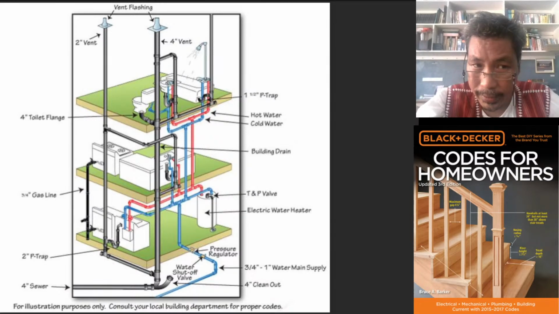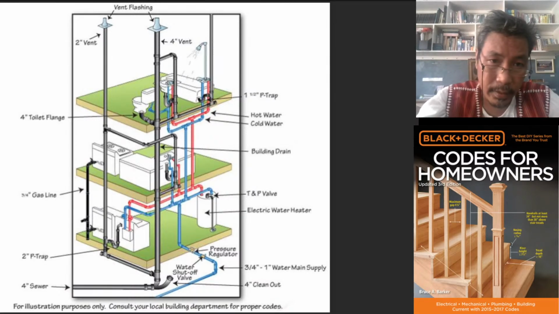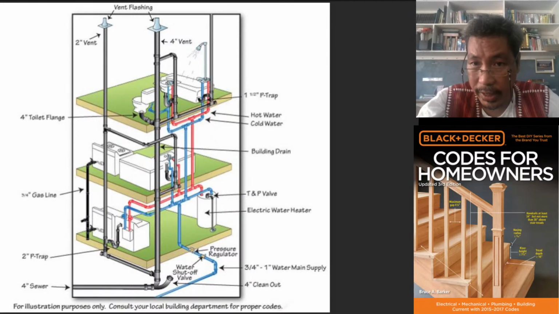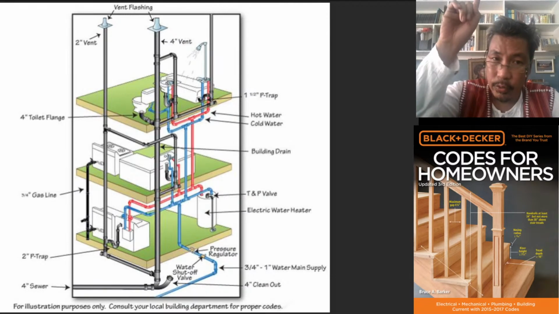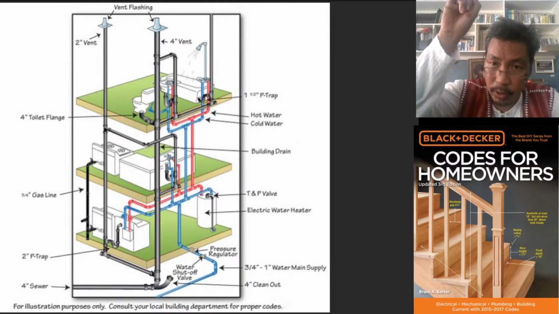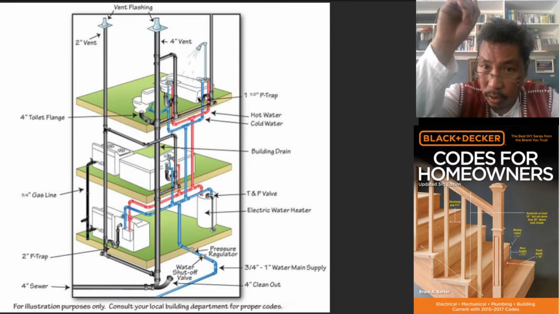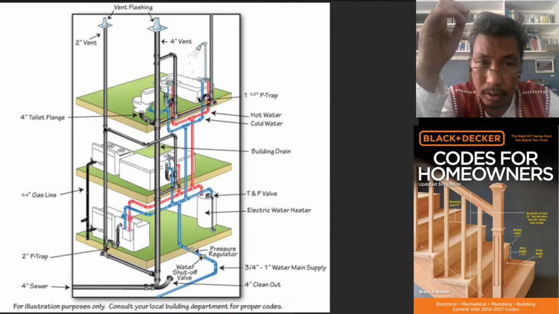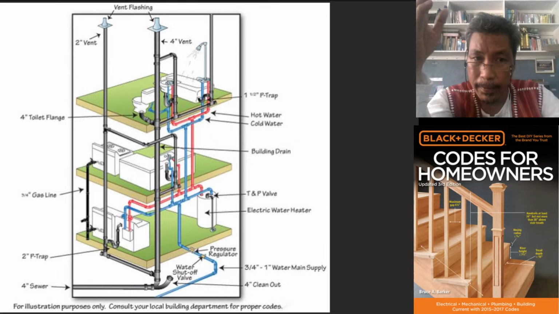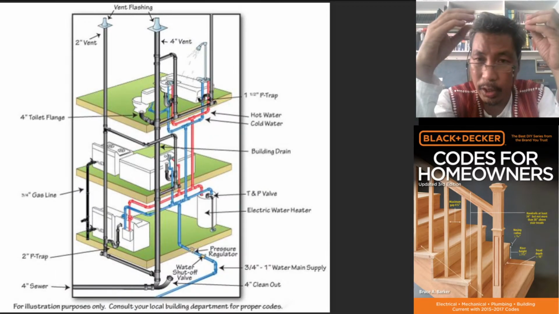Those are foul smelling things. That is the purpose. And because we drilled through the roof, there is a hole, and the passing of the pipe through the roof is not perfect.